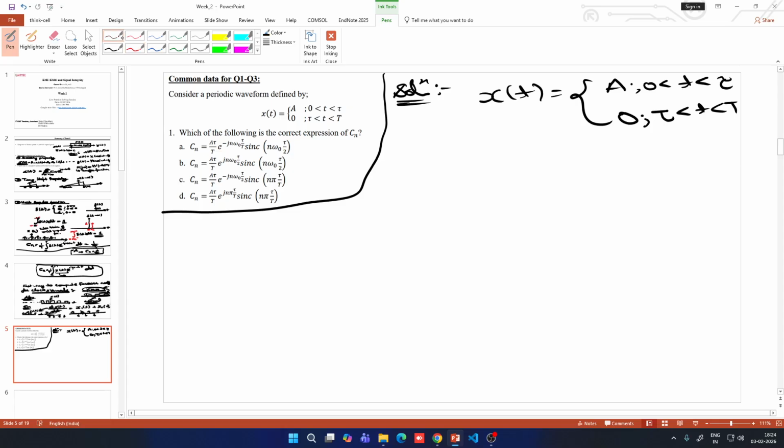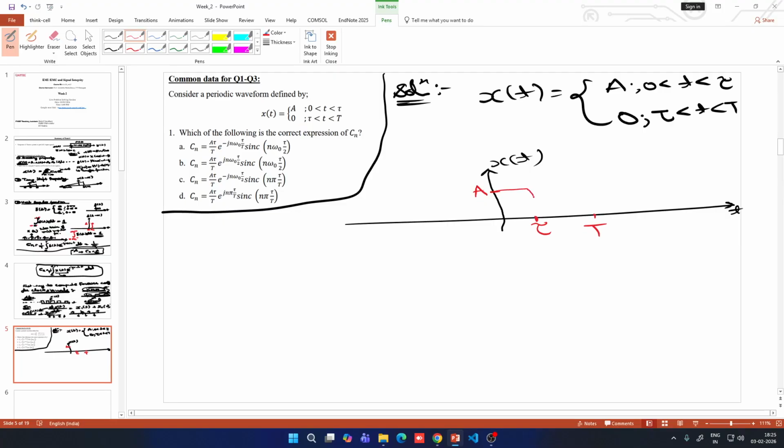This is t, x of t. So x of t has amplitude A when it is between 0 and tau, and between tau to T it is 0. It is like this, and then it is 0.